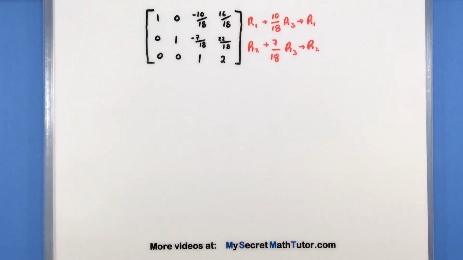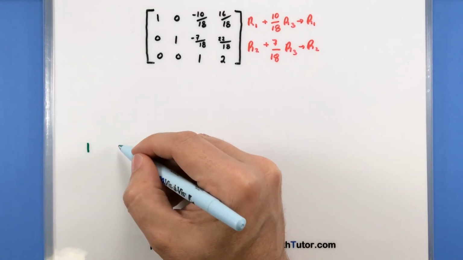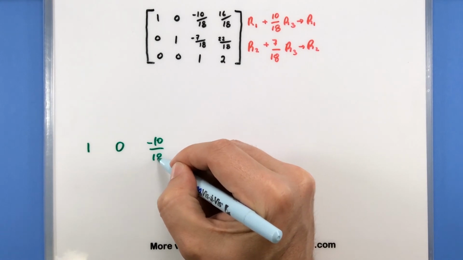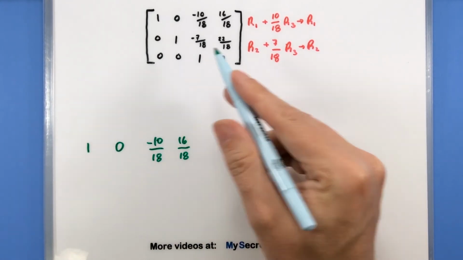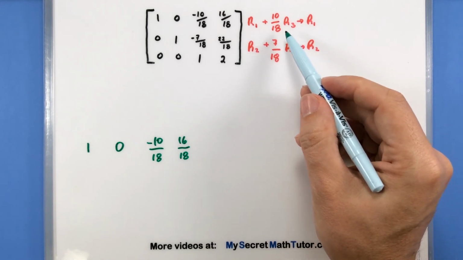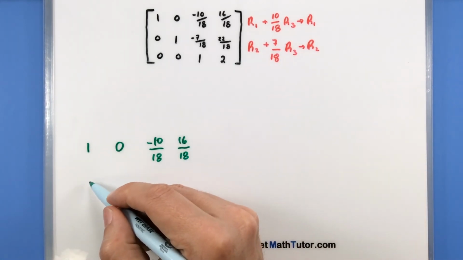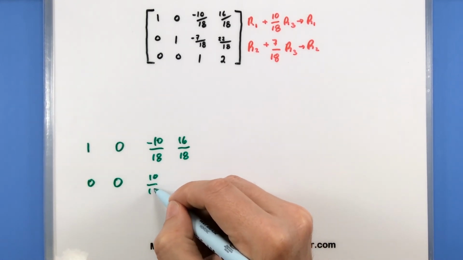On to our scratch work so we can keep everything nice and clean. So row 1, and 16/18. All right, so there's all of our row 1. 10/18 times row 3. Good thing the numbers are fairly nice in this one. So 0, 0, 10/18.